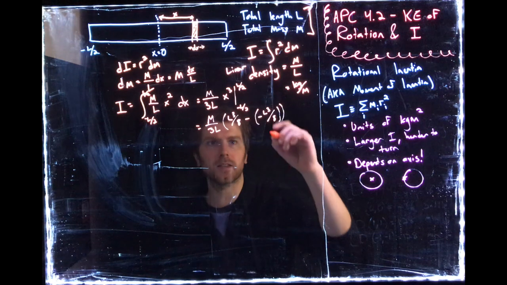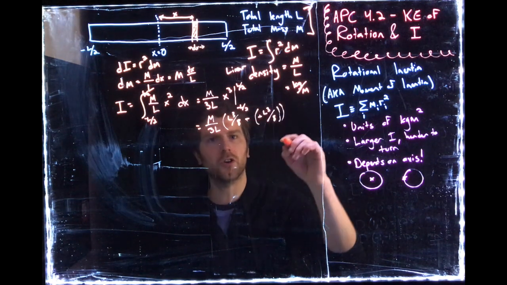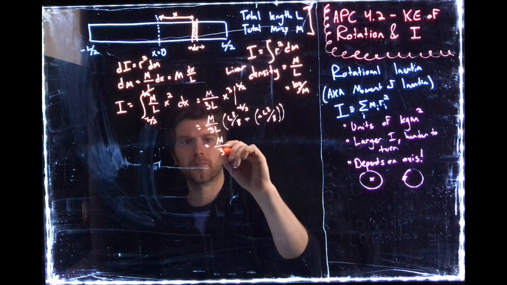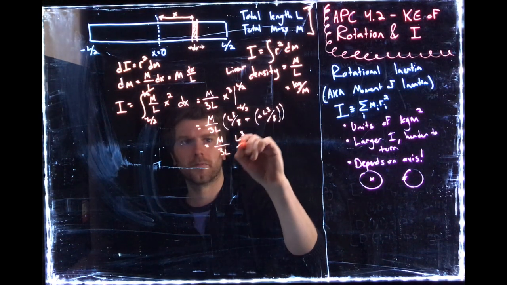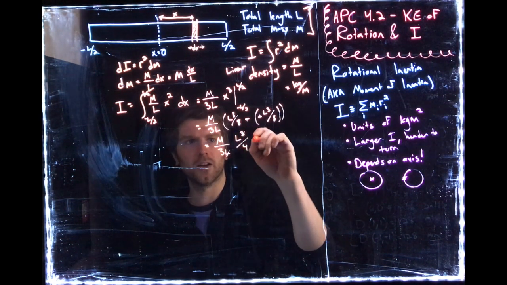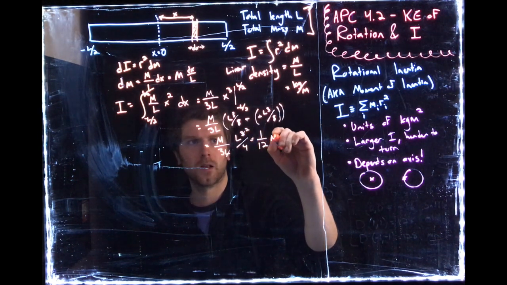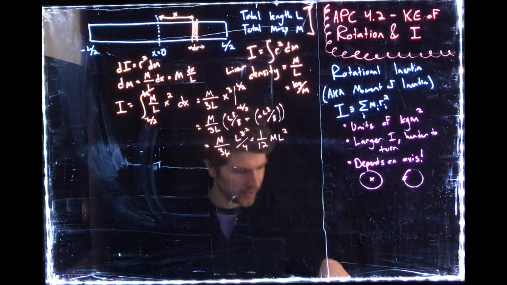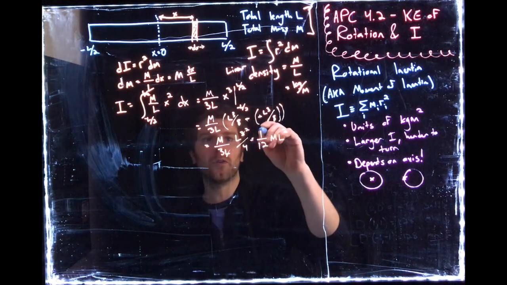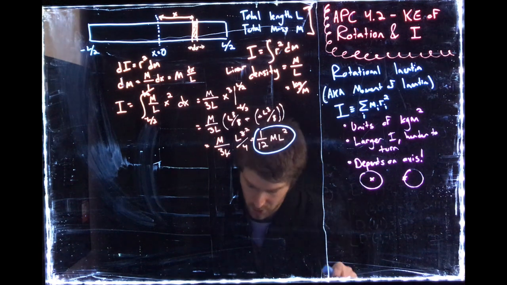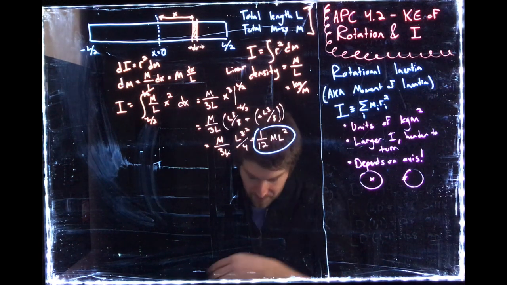L cubed plus L cubed is 2L cubed over 8, which makes L cubed over 4. One of my L's cancels out, and what I end up with is 1/12 M L squared. And this is the I, this is the moment of inertia for a stick around its center.